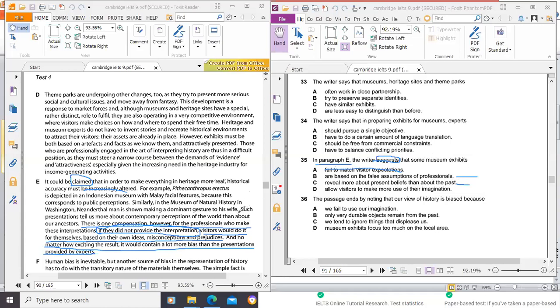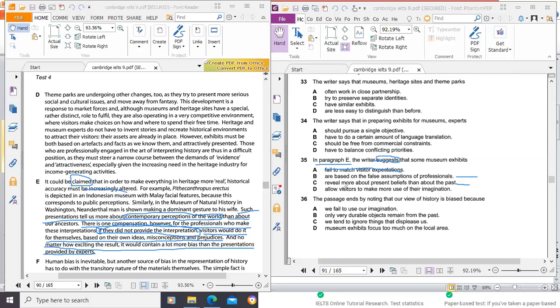Okay, so such presentation, that is, the interpretation the experts are giving, tells more about contemporary perception, that is, the current view of the world, rather than about our ancestors. So the experts suggest that some museum exhibits reveal more about present beliefs than about the past. This looks more like it.